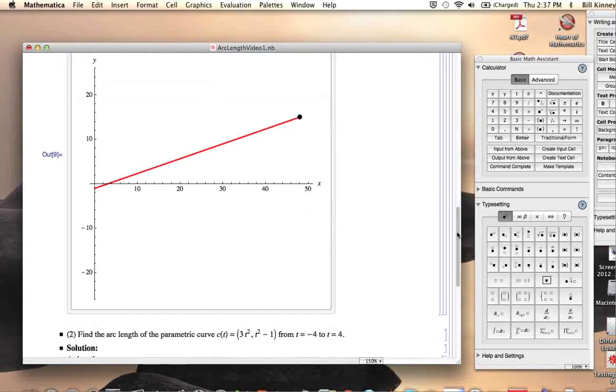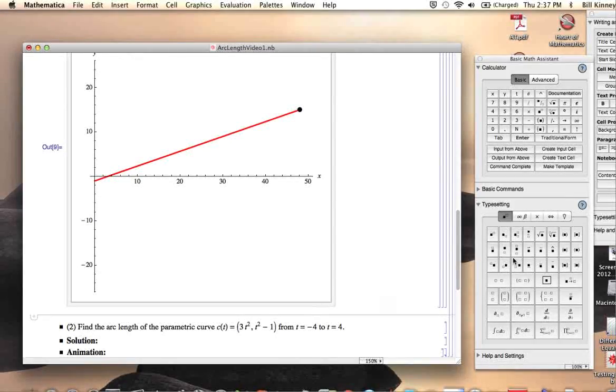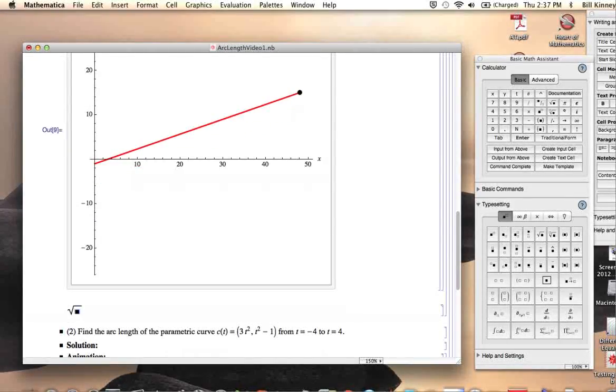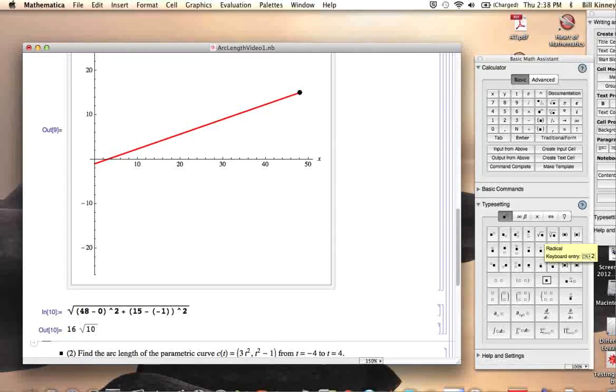And then you could actually calculate the length of that curve by using the distance formula. 48 minus 0 squared plus, again, the second coordinate of that ending point was 15, minus -1 squared, and then take the square root. That's the distance formula of that line, and we get the same answer.